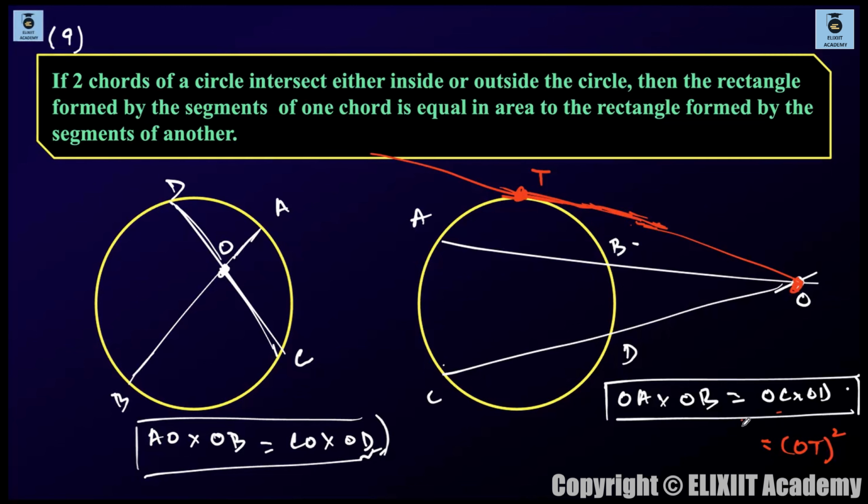OC times OD is also equal to OT square, where OT means the length of the tangent, whole square. This theorem is always true, a very, very important theorem. Only draw these two diagrams and write down the statement below.